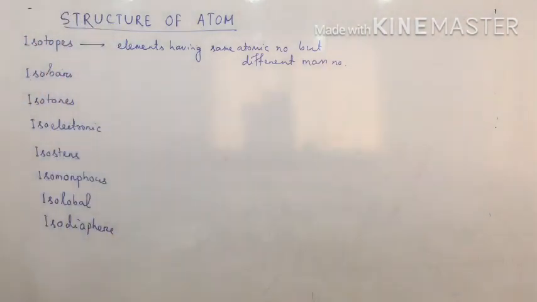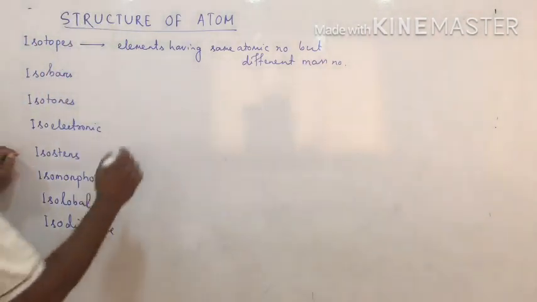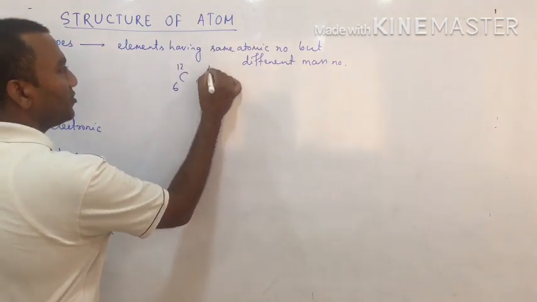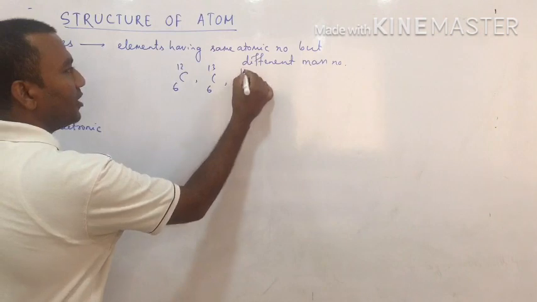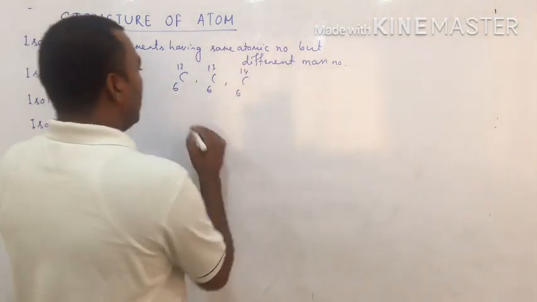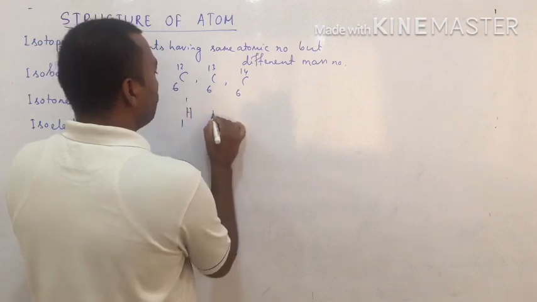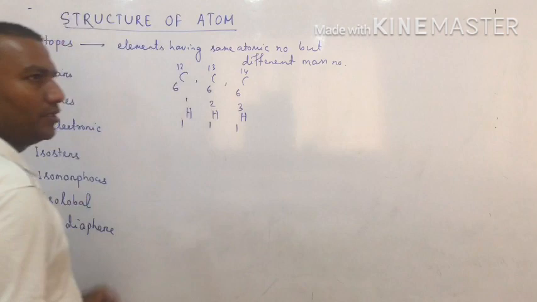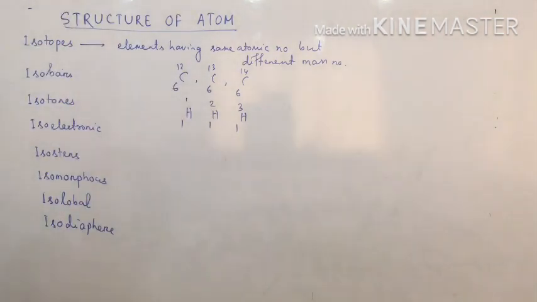Clear? Suppose for example, you see carbon-12, carbon-13, carbon-14, these are isotopes. Yes or no? Similarly hydrogen 1H1, 1H2, 1H3: protium, deuterium, tritium.